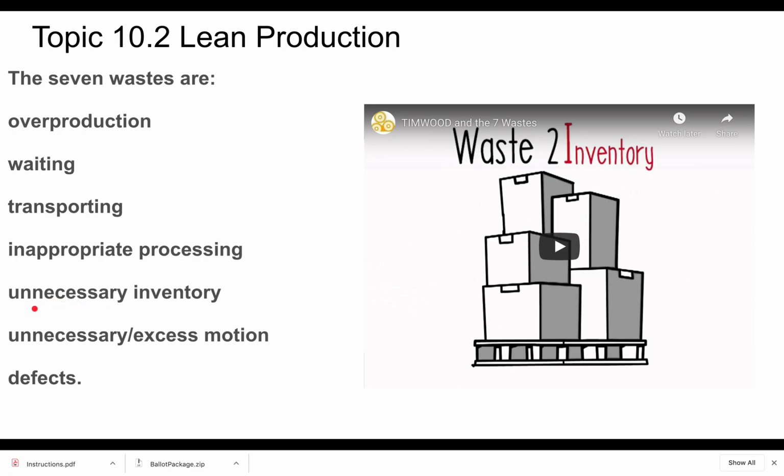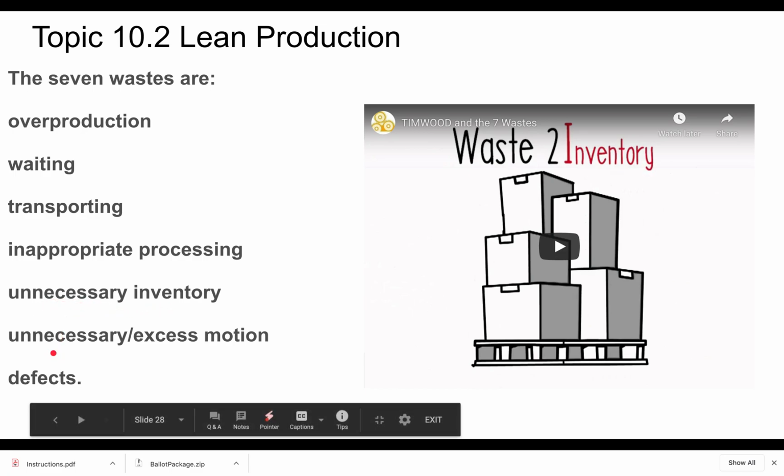Unnecessary inventory, you want to get rid of that. Unnecessary excess motion: anything that requires too much motion or movement within the process needs to be eliminated. And then defects: you want to get rid of any defects or any errors that occur.